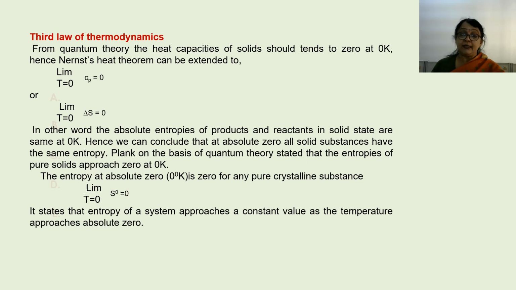In other words, the absolute entropies of products and reactants in the solid state are the same at 0 degrees Kelvin. Hence, we can conclude that at absolute zero, all solid substances have the same entropy.